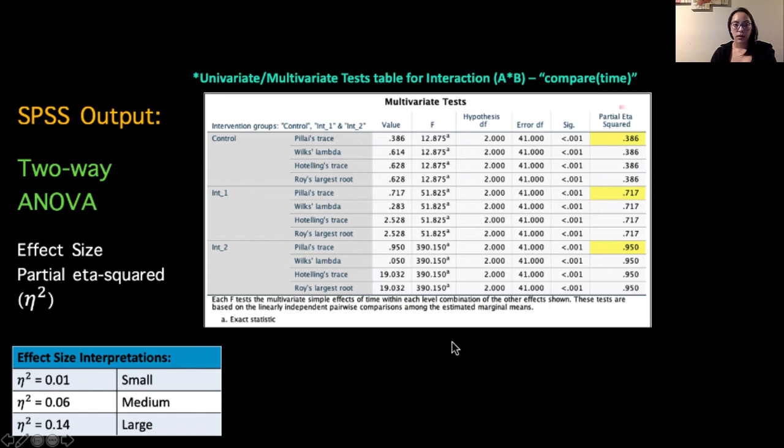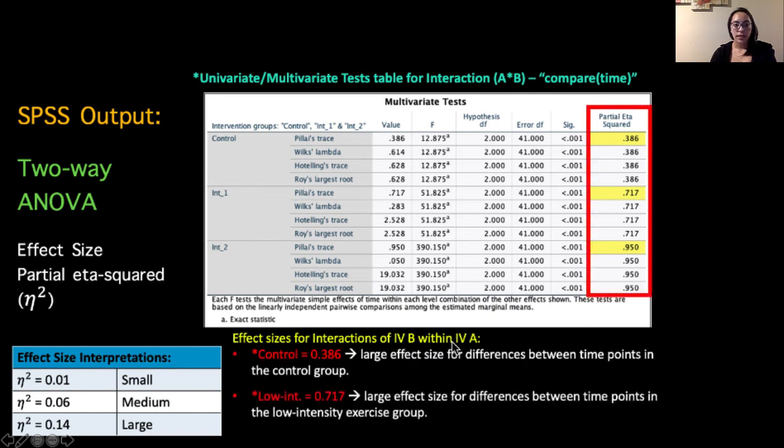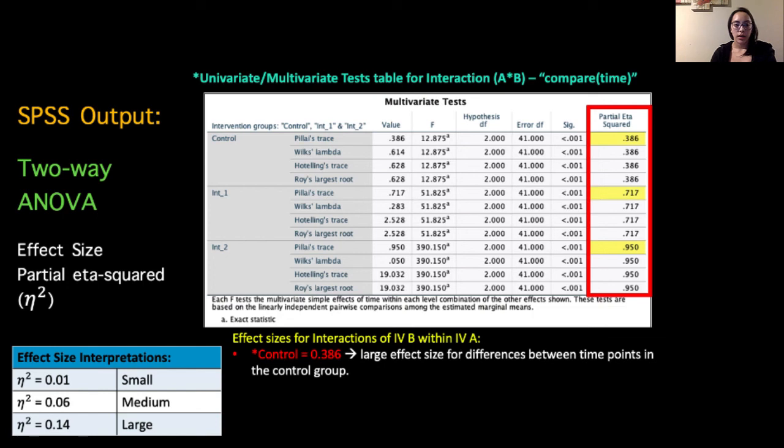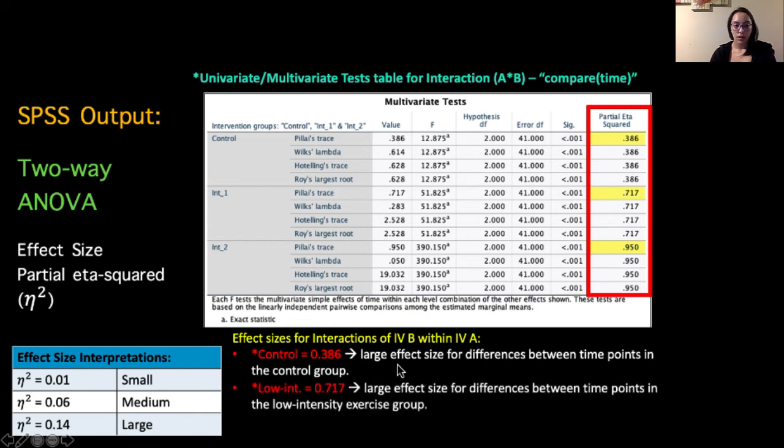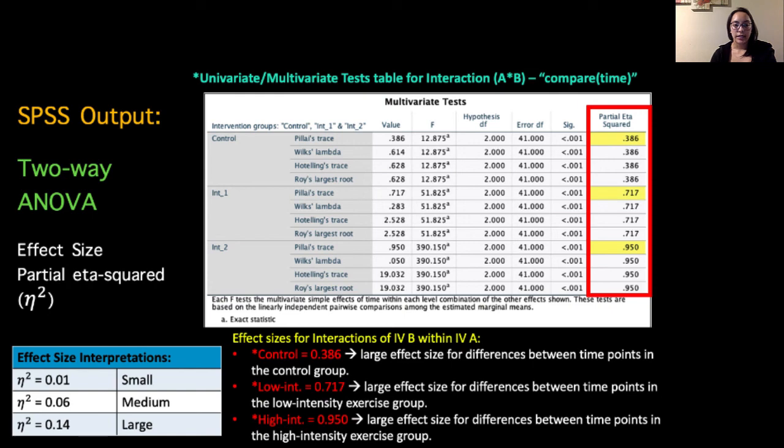So for our control group, we ended up with an effect size of 0.386, which is considered large. For the low intensity, we had an effect size of 0.717, which is also considered large. And then for our high intensity, or looking at differences between our time points within the high intensity group, we had an effect size of 0.950, also considered large.